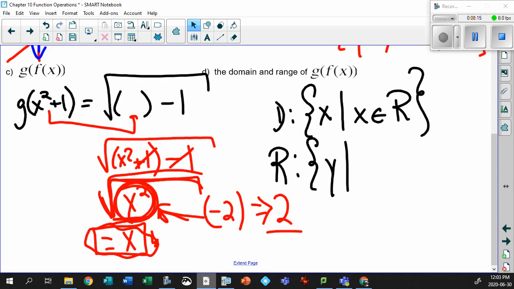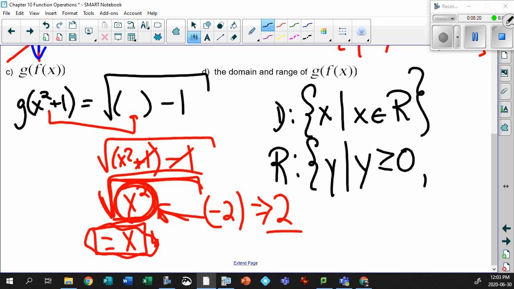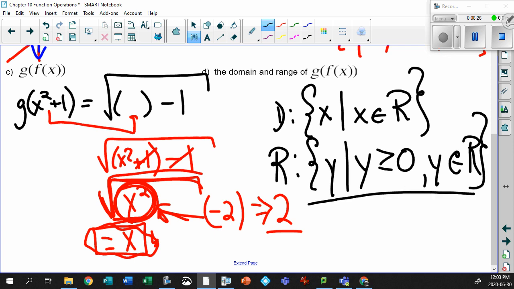Huh. Okay, so all values of y that are greater than or equal to 0, and y is an element of R as well. This is the reason why we graph things. This is the reason why we have to know how to do that VARS stuff so that we can see the resulting graph and make the right decisions on domains and ranges.